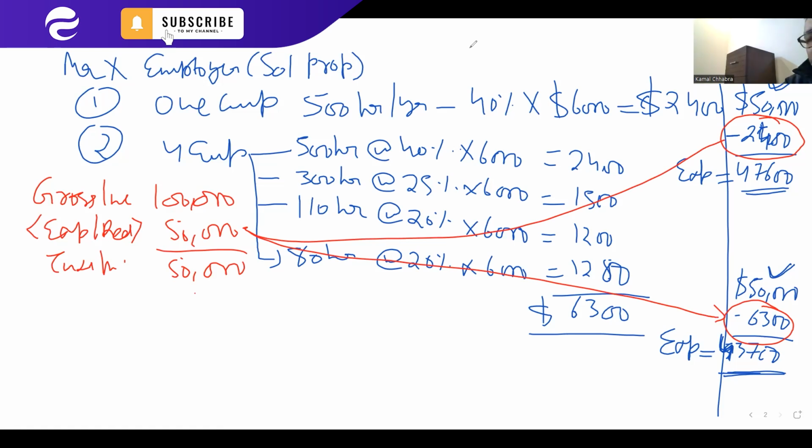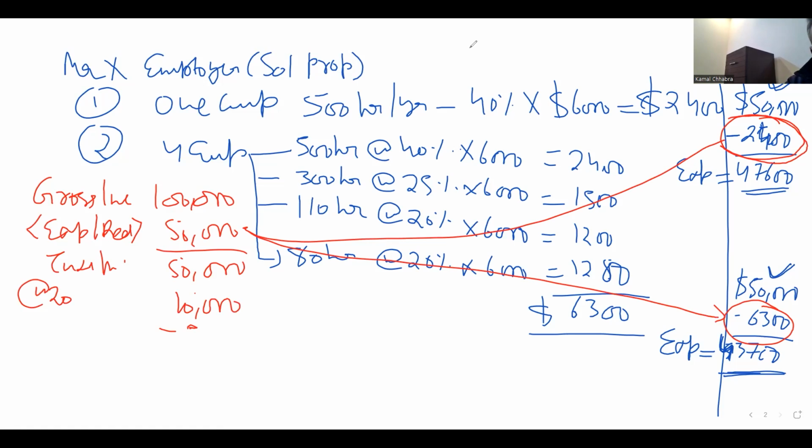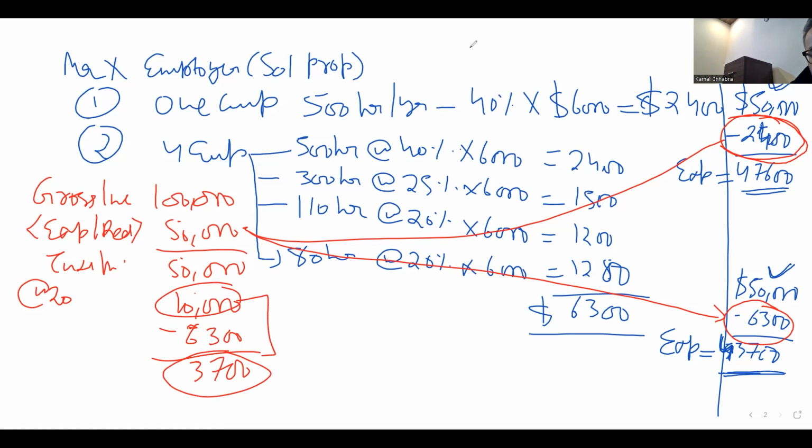Because you are already taking the benefit as a tax credit. So for example, if the tax rate is 20%, the tax payable is $10,000, right? So you'll be reducing this 6,300. So you are paying taxes, how much? 3,700 only. Instead of 10,000, you are paying 3,700.